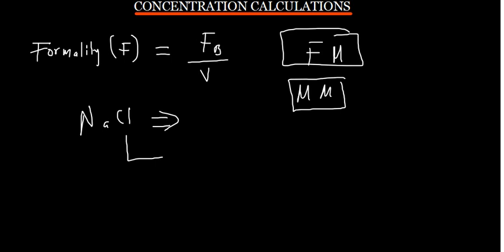Because of that, it gives a difference when you are finding the number of moles. For an ionic compound, the number of moles we call the gram formula unit. Just like number of moles is mass over molar mass, a gram formula unit is mass over formula mass.